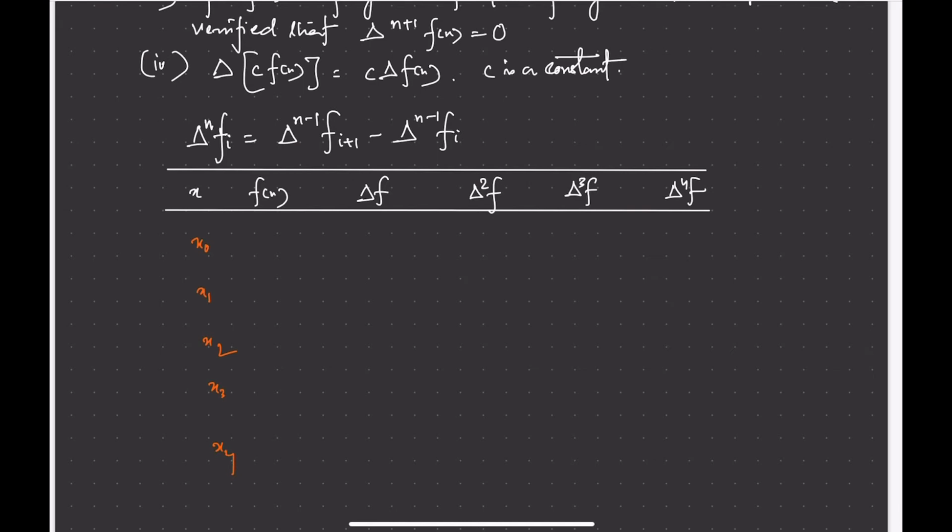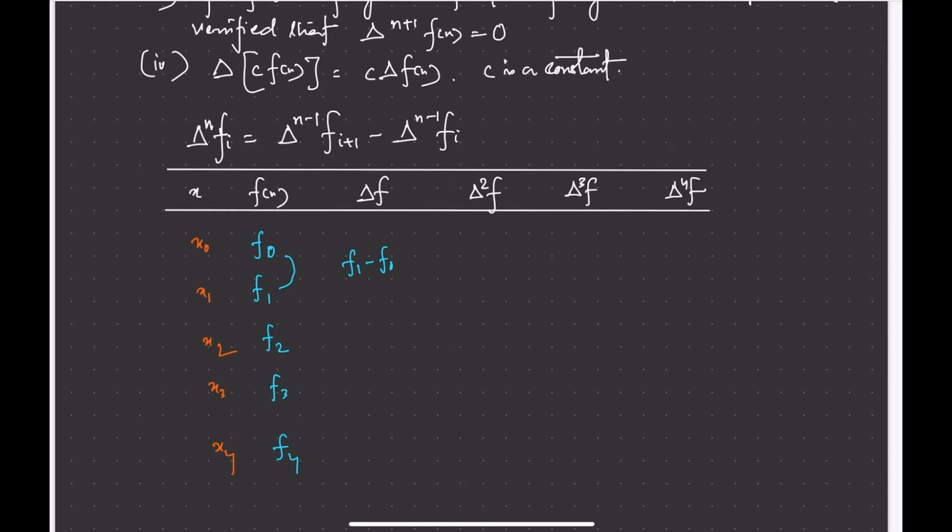Okay, this is going to be f of x naught, f of x1, f of x2, f of x3, f of x4. Now what is the forward difference? It means we are going to subtract from here to here. It means f of 1 minus f of 0. That is our forward difference.